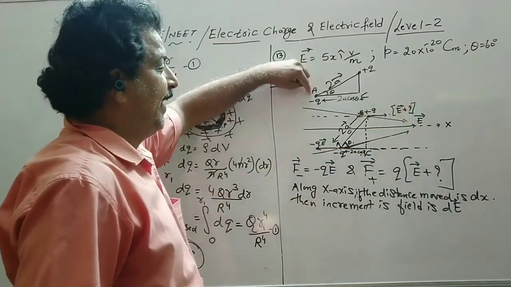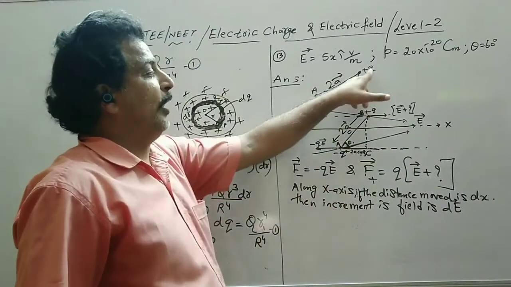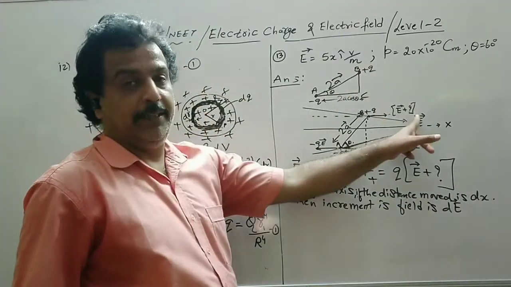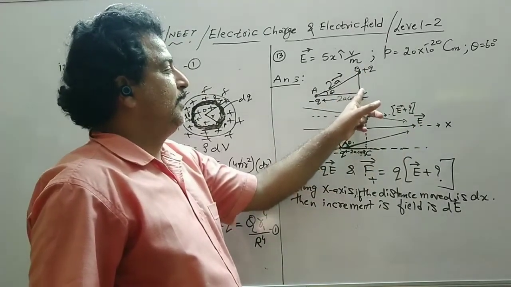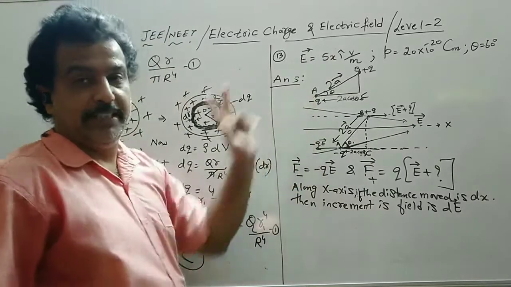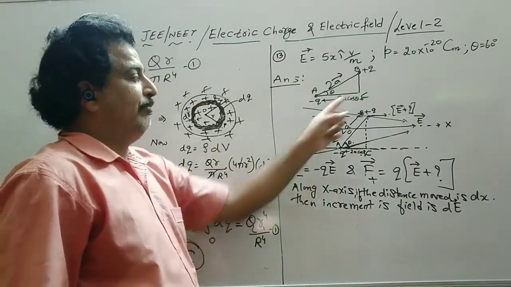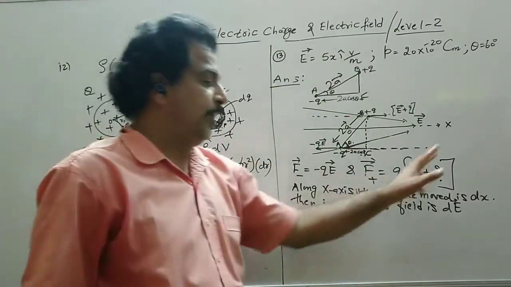Now the field at A is assumed to be E, so the field at point B should be E plus something. Whether it is point B or point C, the distance from the source will be the same. Source means where the field has started. So if I find the field at C or B, it comes out to be the same, that is E plus something.